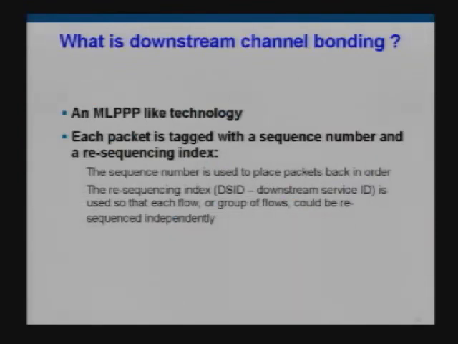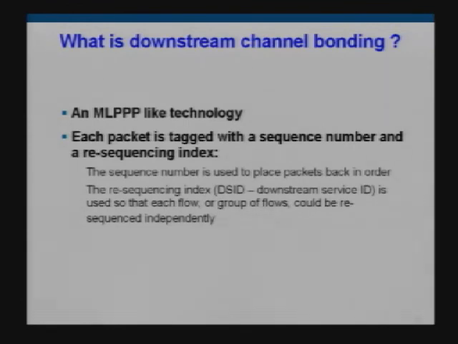So, downstream channel bonding, the concept is very straightforward. It is something like an MLPPP-like technology. All you are doing is, instead of the cable modem using a single downstream channel, or a set of modems registered to single downstream channels, you are combining multiple downstream channel resources and forming them into a single logical pipe.